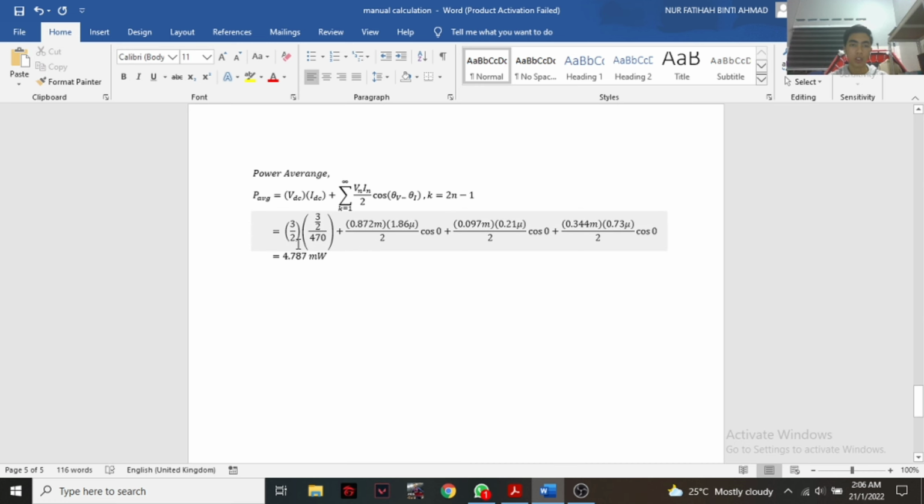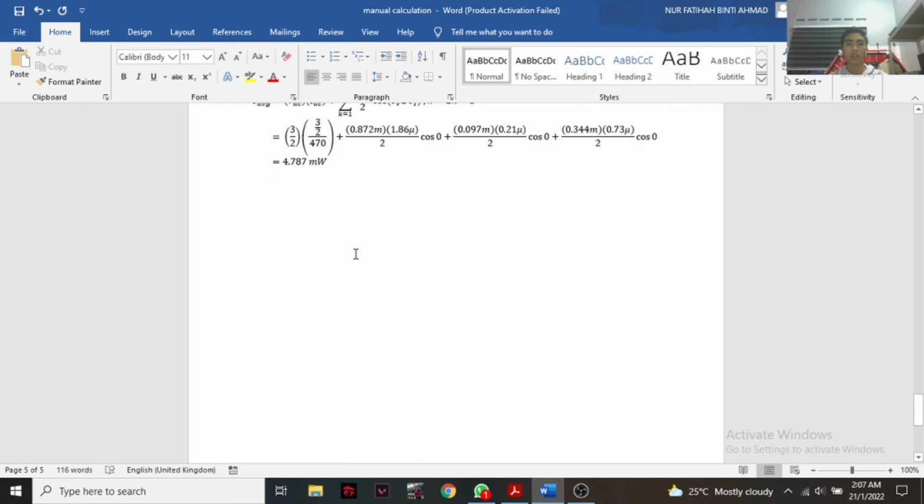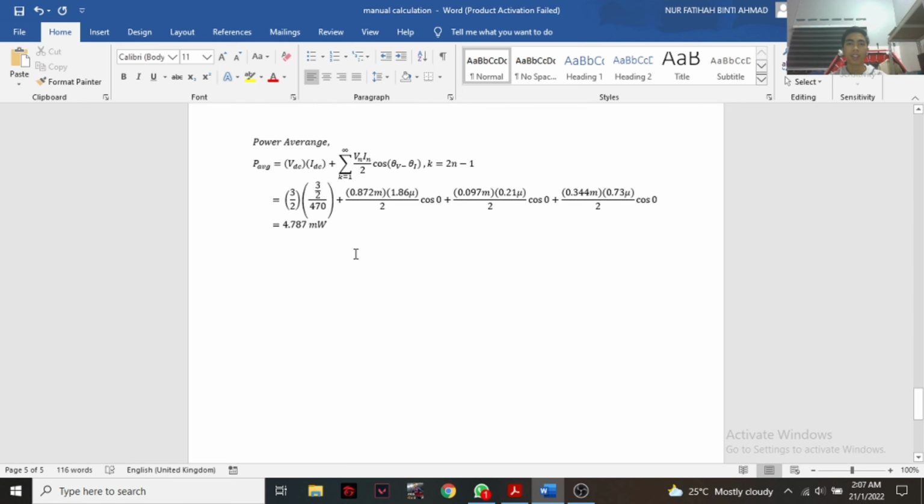So for the average power of our circuit, we use the formula P average equals VDC times IDC plus the summation of Vn times In divided by 2 cos theta V minus theta I, where k equals 2n minus 1. So we insert all the values and we get the answer 4.787 milliwatt. Okay, that's all from me. Thank you.